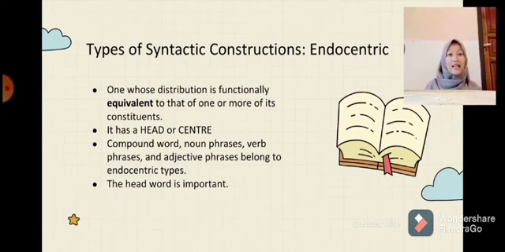The head word indicates the overall meaning of the phrase, and without it, the words do not make syntactic sense. This is because all words in the phrase relate directly to the head word. So that's why the head word is an important element.